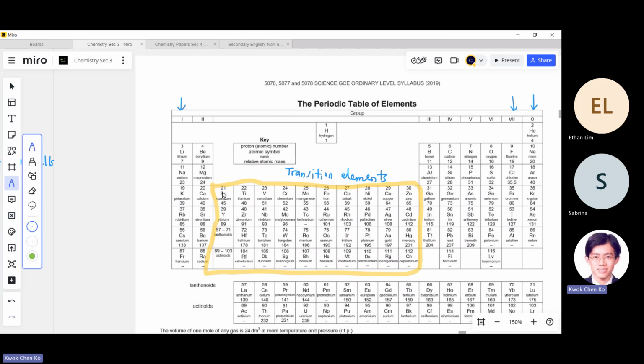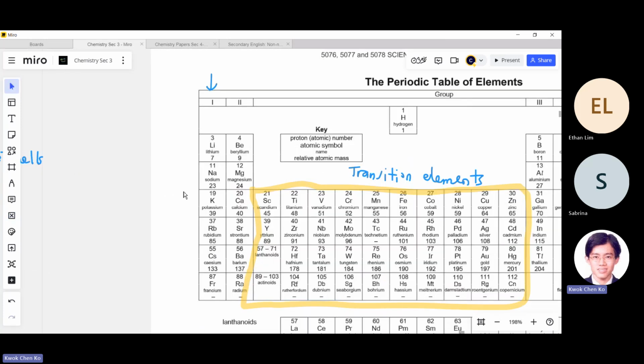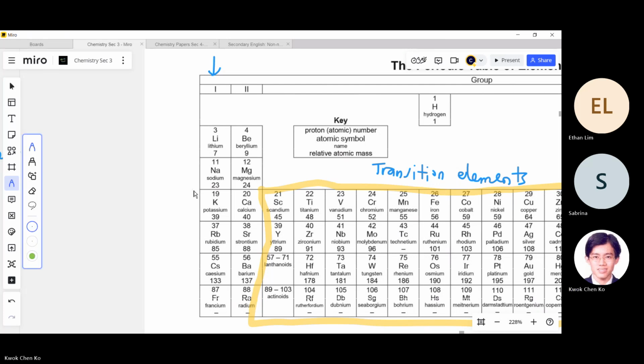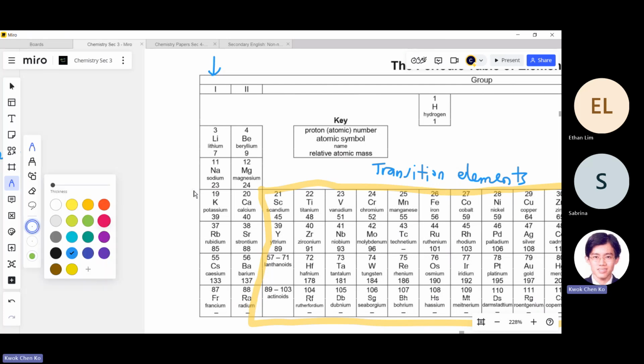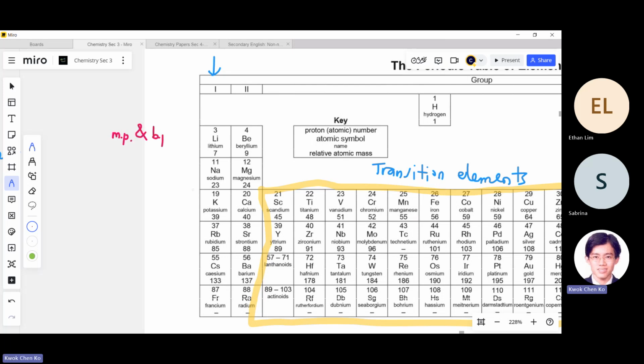Come, Sabrina, tell me. Okay, a few things you need to take note of. Let's look at group 1. We are interested in a few properties. You need to know MP and BP, how do they change down the group? You are interested about density.